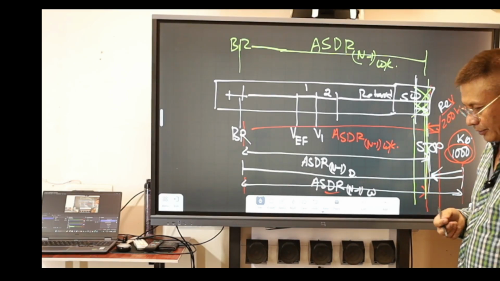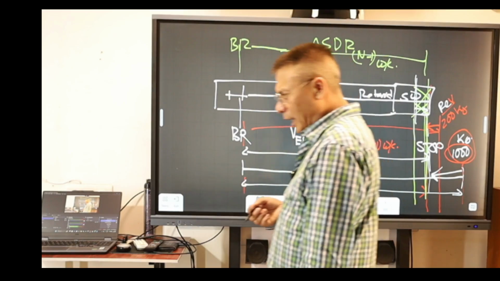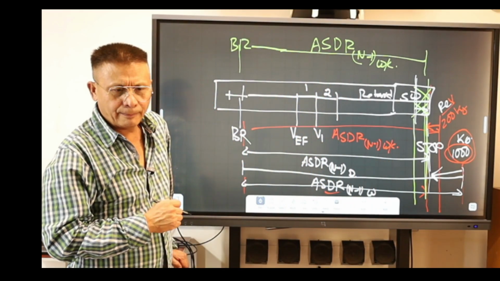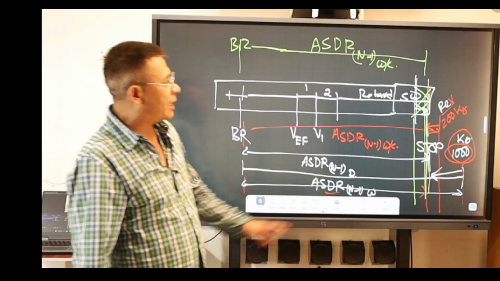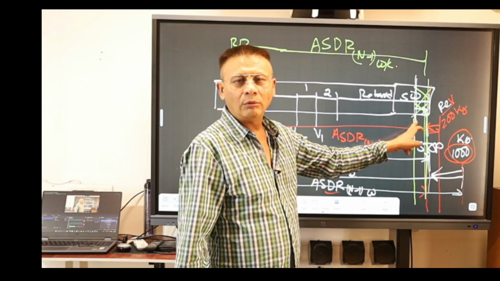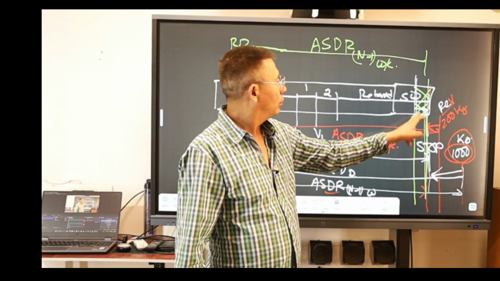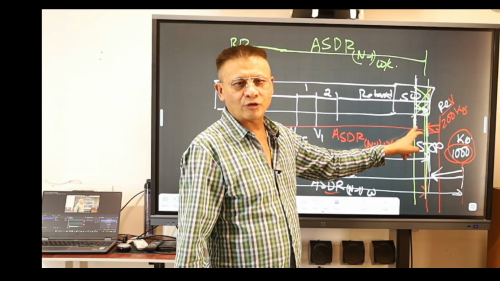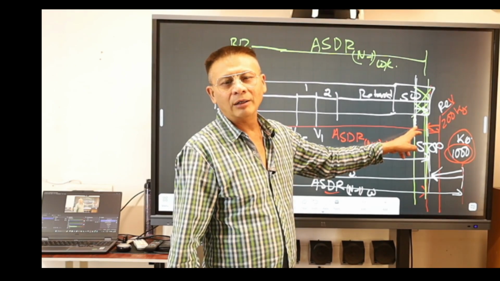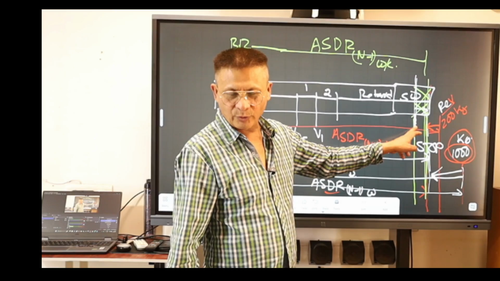So if we have a look at the ASDR on a dry runway or a wet runway, in case the airline is allowed to convert this leftover distance into weight, it would have exceeded the weight on a dry runway, which is not allowed.